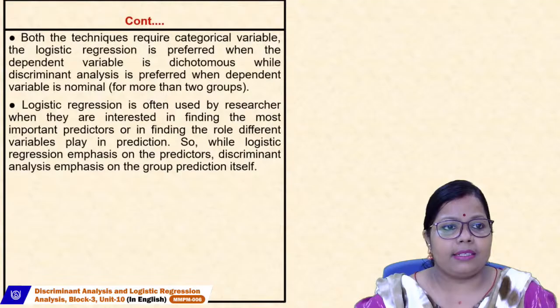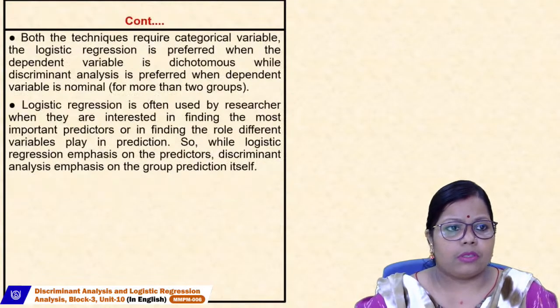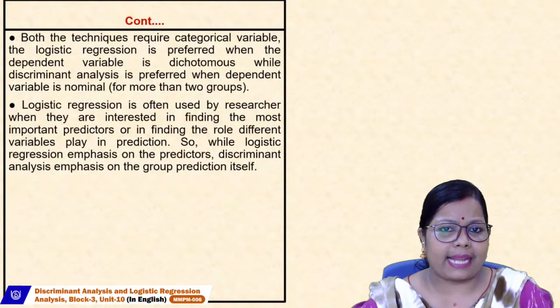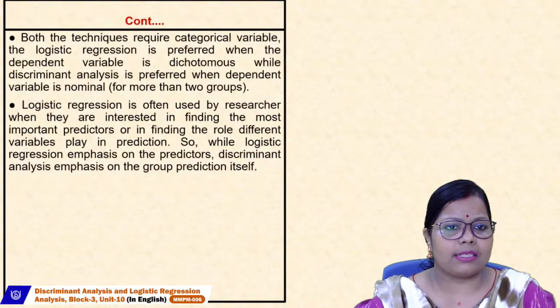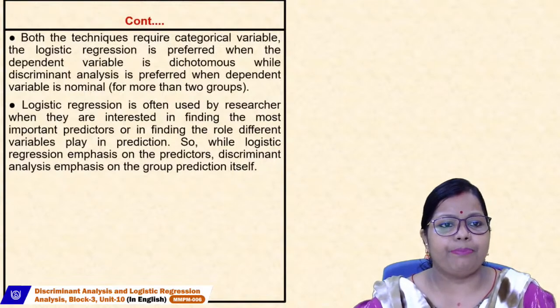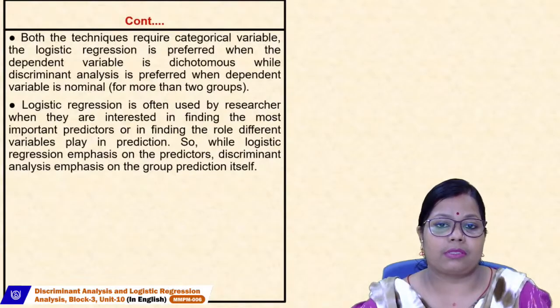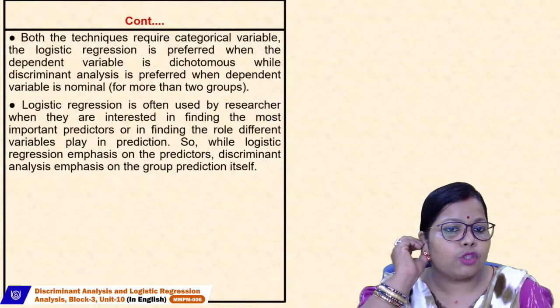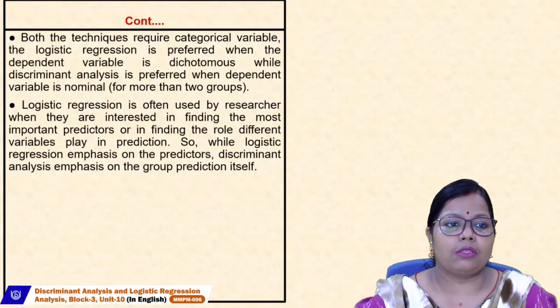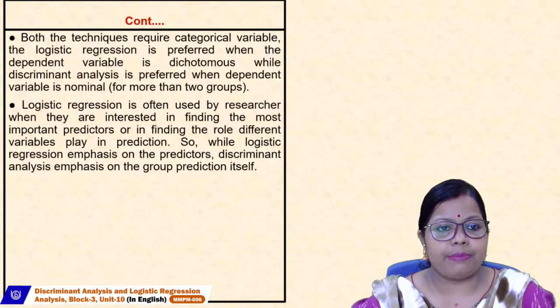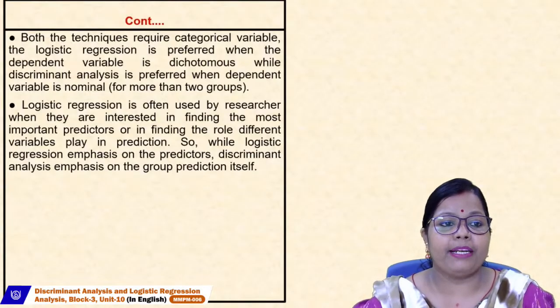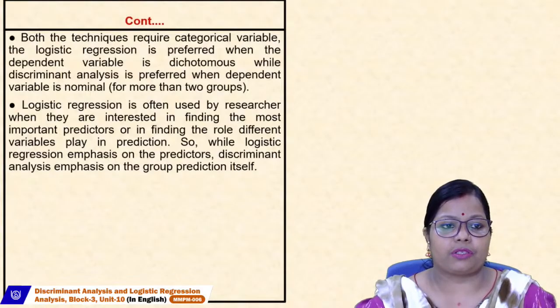If we differentiate these two, we can say both techniques require categorical variables, and logistic regression is preferred when the dependent variable is dichotomous, meaning yes or no, choose or not choose. While discriminant analysis is preferred when the dependent variable is nominal in nature.